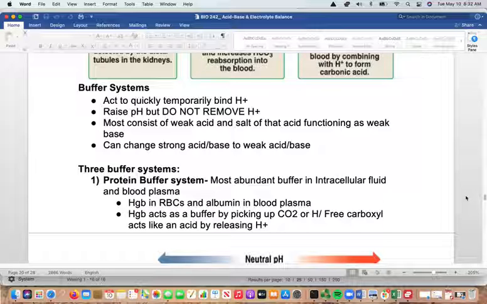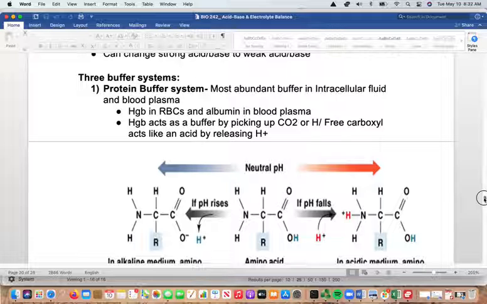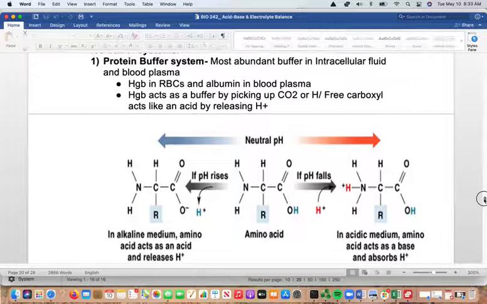We have three buffer systems. The protein buffer system is the most abundant. So you've got hemoglobin in the red blood cells and albumin in the blood plasma. Hemoglobin acts as a buffer by picking up the carbon dioxide or hydrogen ion. Free carboxyl acts like an acid by releasing the hydrogen ion.